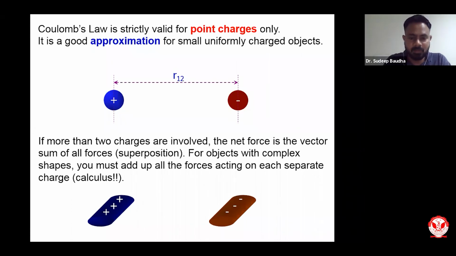So for calculating the force between two charges, we have to be very sure that the amount of charge is in point form when we use Coulomb's law. Please remember that Coulomb's law is strictly applicable for point charges only.